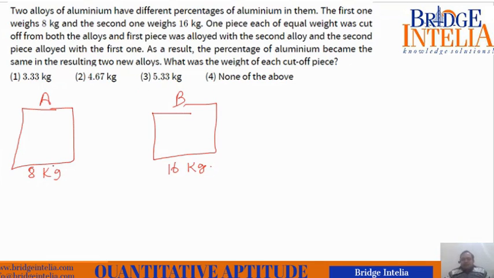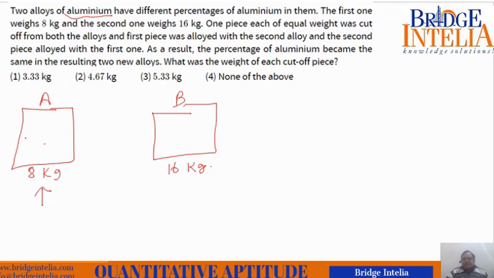So very good question. So we have no idea what is the actual or initial percentage concentration of aluminium. Still they want us to solve this question. That means the answer is independent of the initial concentration of aluminium. Fine.